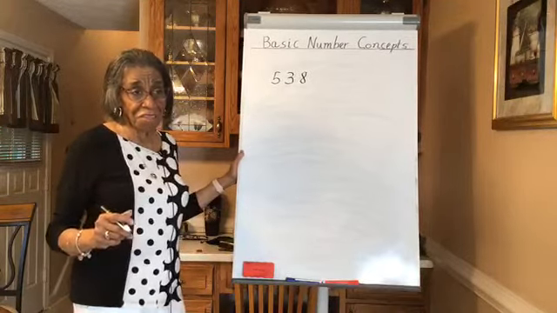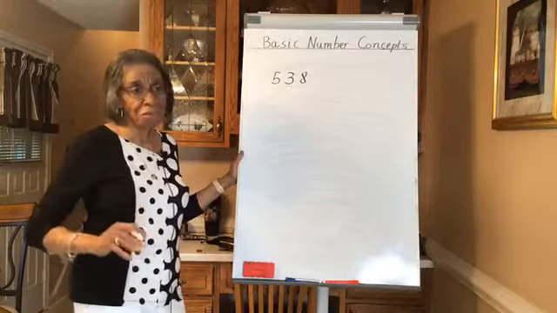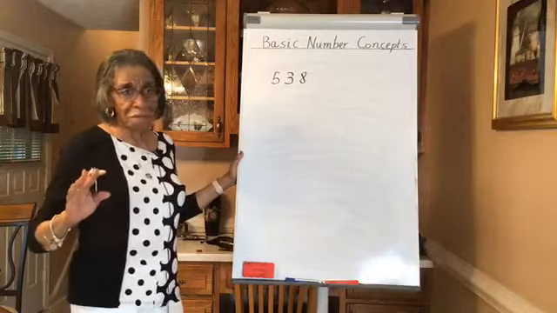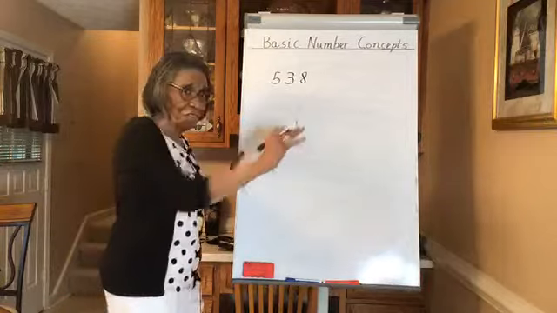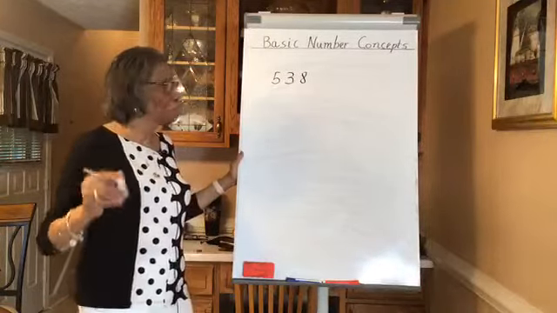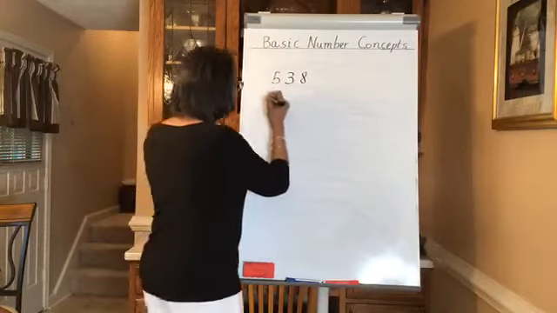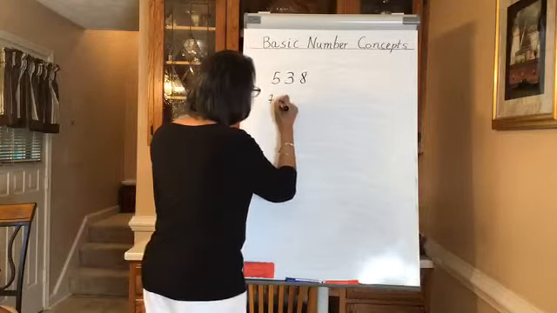That's something we need to do. 1, O-N-E, 2, T-W-O, and so on. And when you write a number like 38, you write a hyphenated number. So I'm going to write this one out. This is 5.